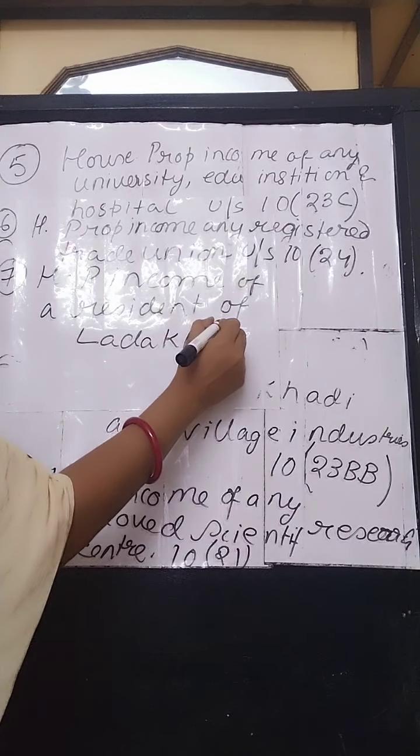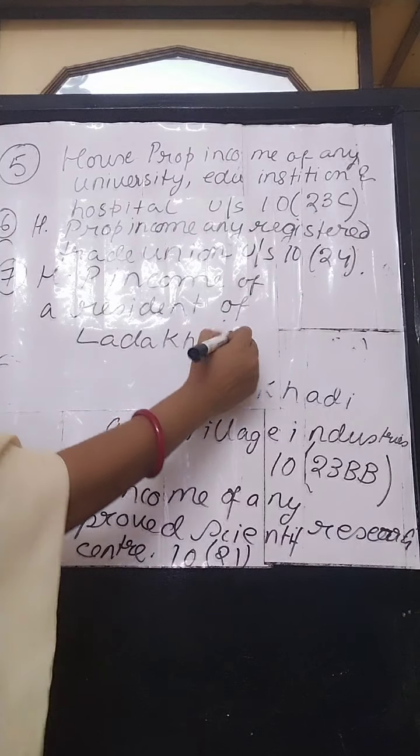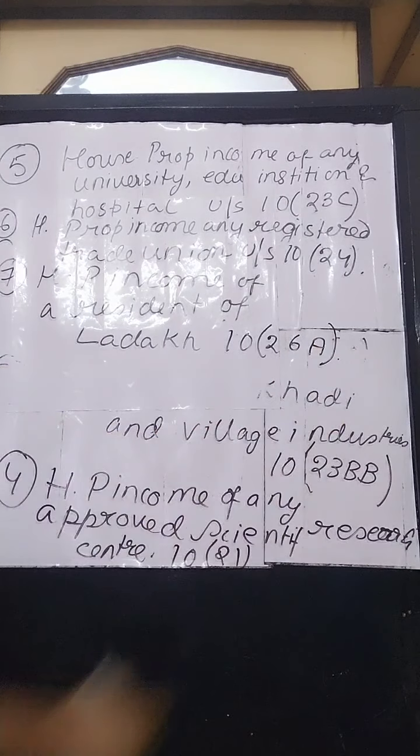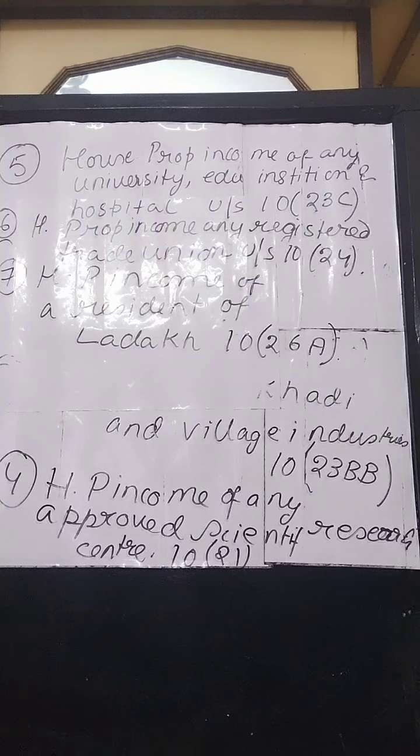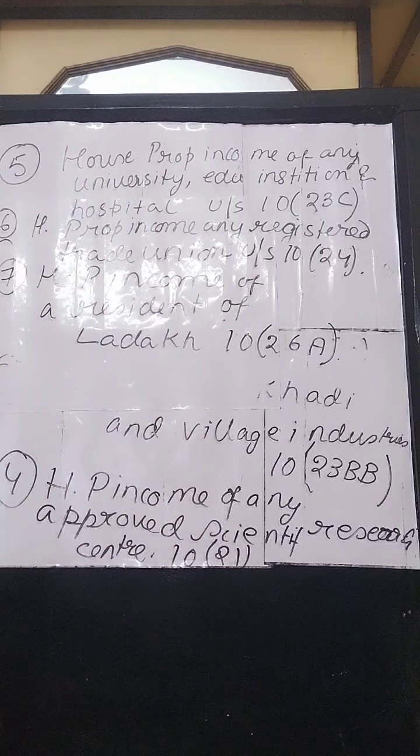Being a controversial area, this also is exempt from income tax. This comes under section 10 subsection 26A. So these are the incomes that you should remember, because these are not to be charged under house property.